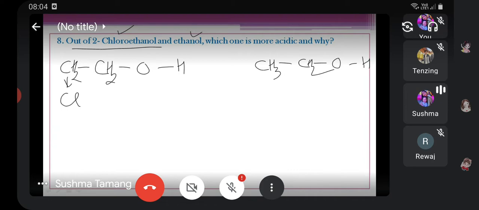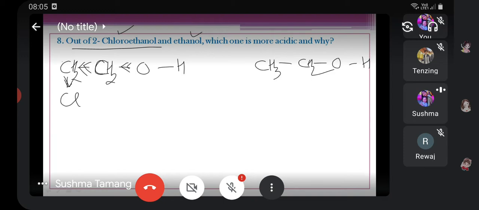Chlorine, nitro group, these all are electron withdrawing groups. So when chlorine pulls electron, this carbon will also withdraw electron from the adjacent carbon atom, and this carbon then pulls electron from oxygen.